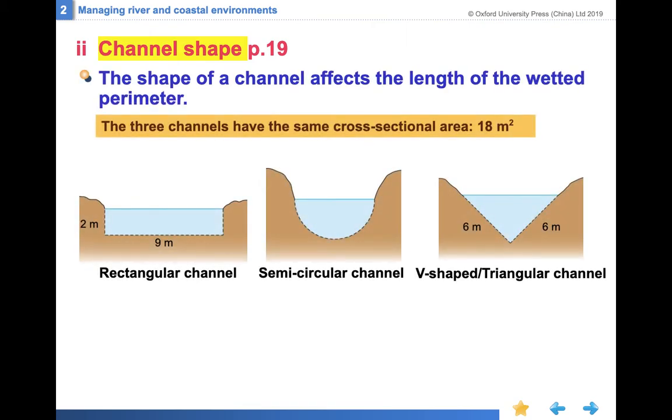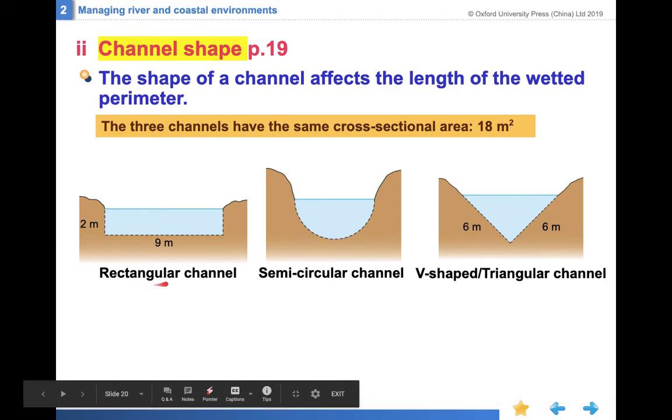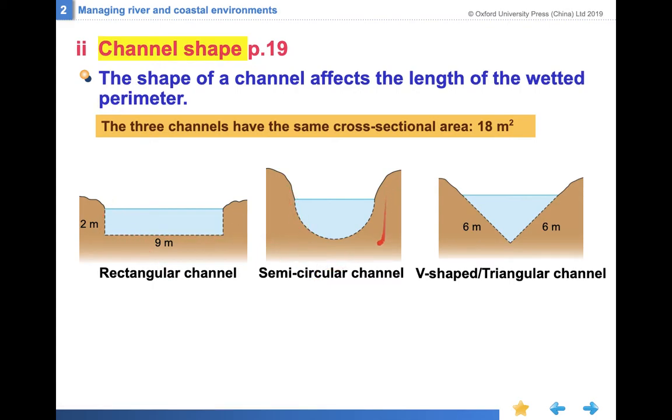Matters. So here are 3 different shapes of the channel. First one is the rectangular, and the semicircular, and a V shape or what we call the triangular.